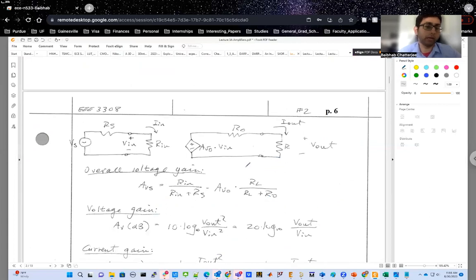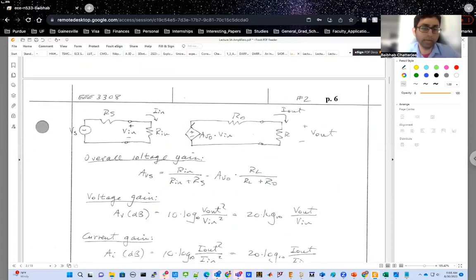All right, and now this is something we have already looked into. If you represent your amplifier as a voltage controlled voltage source or a dependent voltage source, which is given by this AV0 times V in, and you are providing an input voltage of Vs that has a non-ideal Rs associated with it. This series resistance is the non-ideality of the voltage source.